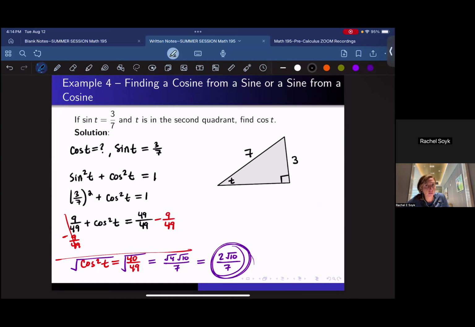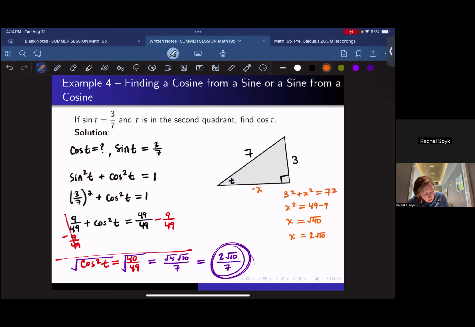And then by Pythagorean theorem, you can solve for our x. 3 squared plus x squared equals 7 squared. X squared equals 49 minus 9. And then x is equal to the square root of 40, which is simply 2 square root of 10.